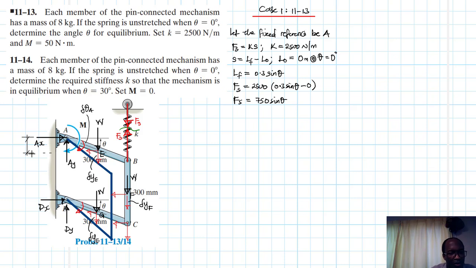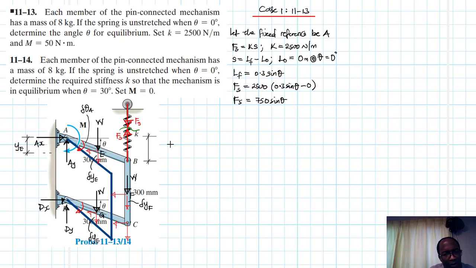So this we can call YE, and then let's define this other length here. From this point we define B, like so.